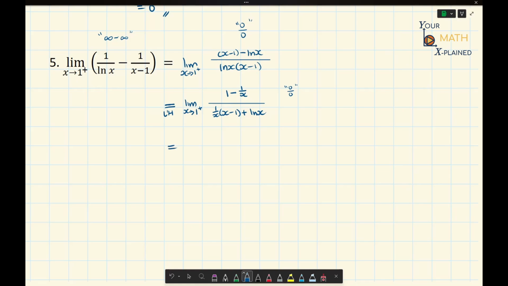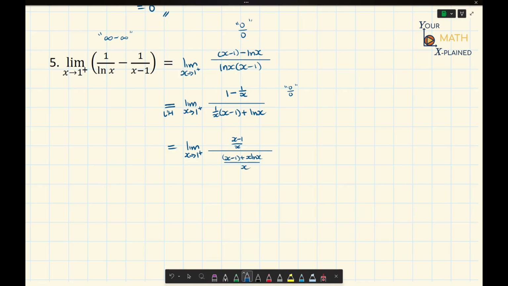So simplifying is going to give us this is equal to the limit as x approaches 1 from the right-hand side of, we're going to put our numerator over a common denominator. So this is going to be x minus 1 over x. And then we're going to put our denominator also over a common denominator. So this is going to be x minus 1 plus x times ln of x over x.